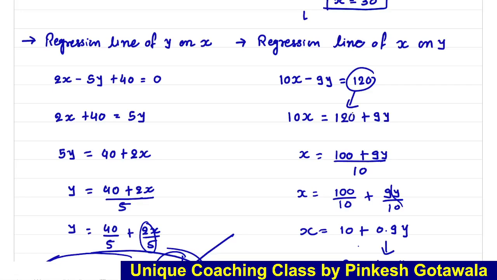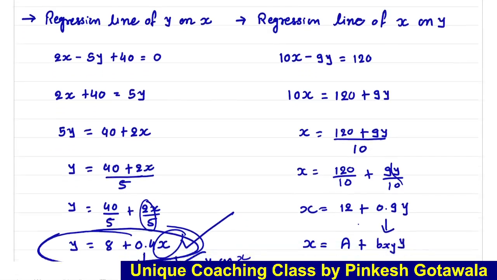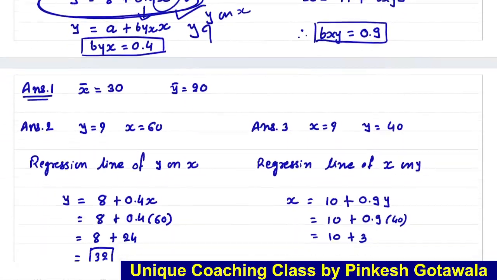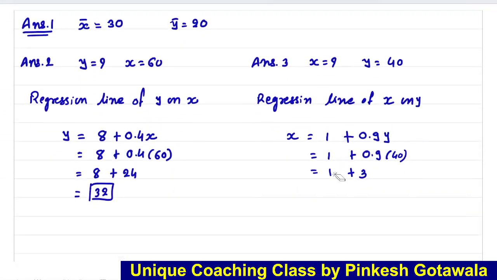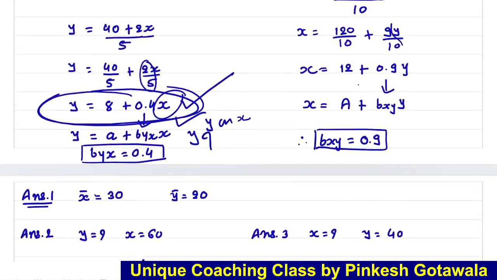Here 120 would become 12, and 36, 48. Okay. Now come to the third question.